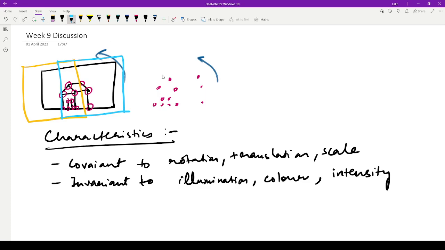So does anyone remember what this is equivalent to from our previous lectures? Example application is panorama stitching.